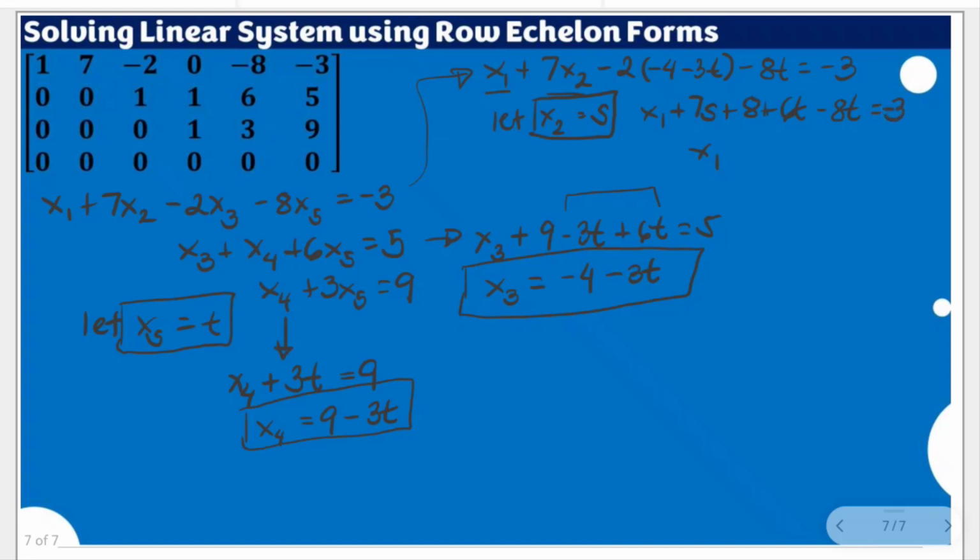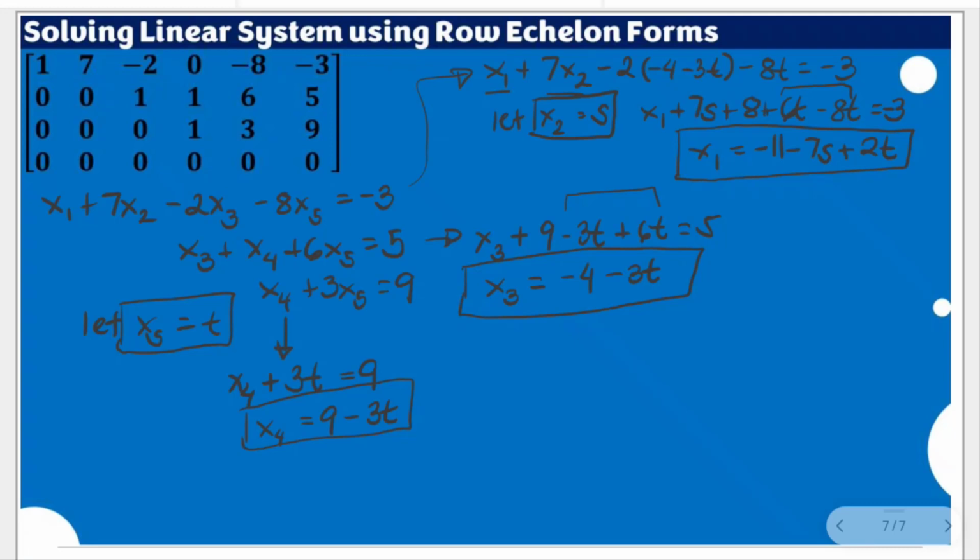The result would be negative 8 and then you will have negative 11, and you will have minus 7s. And since this is minus 2t, when you move it to the other side, plus 2t. This is now the representation for x sub 1, and it uses two arbitrary variables, for we let x sub 2 earlier as our s.